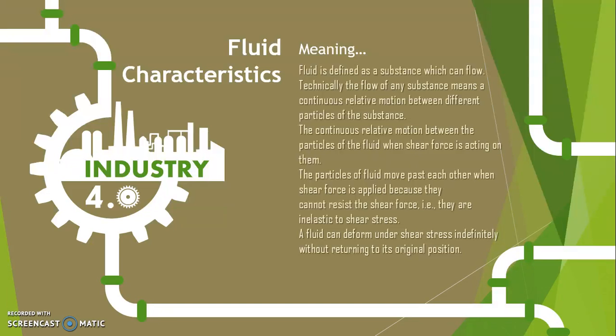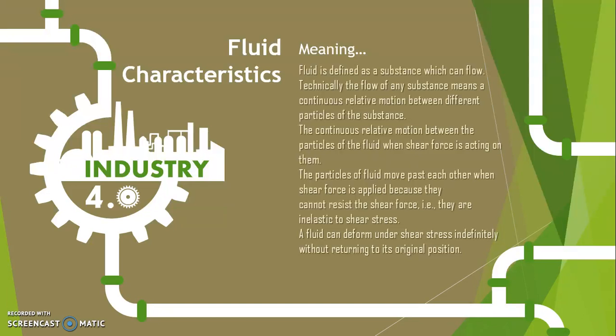So what are fluid characteristics? A fluid is defined as a substance which can flow, like a liquid. Technically, the flow of any substance means a continuous relative motion between the different particles of the substance when shear force is acting on them.